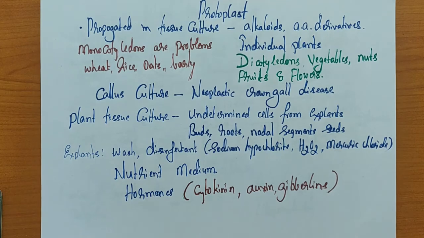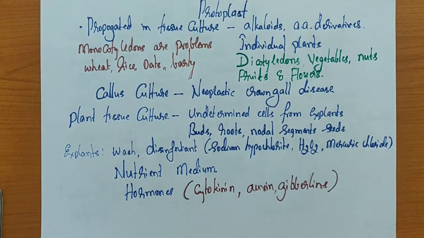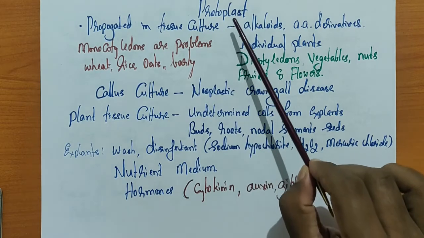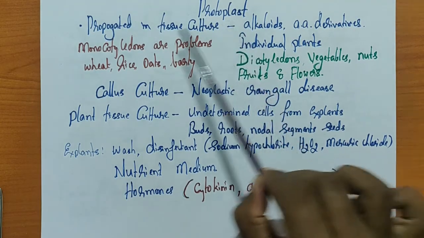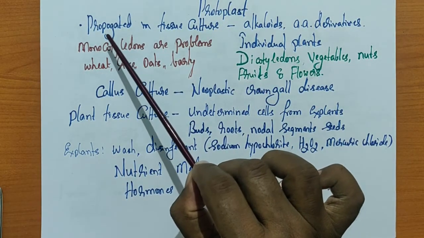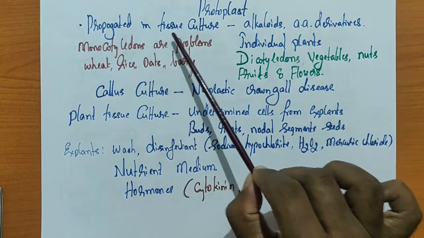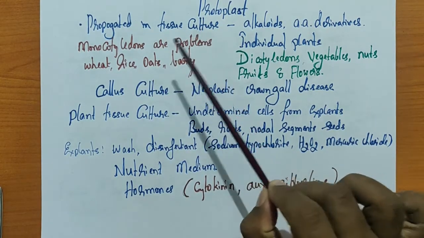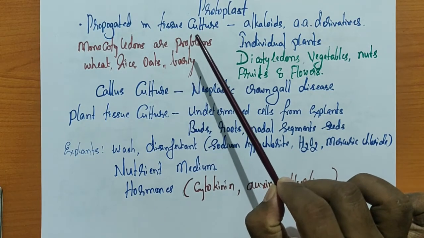Now we will discuss more about this protoplast and its application in plant breeding. Protoplasts are extensively used in propagation, especially in tissue culture. We are going to use the terms plant tissue culture as well as plant cell culture.